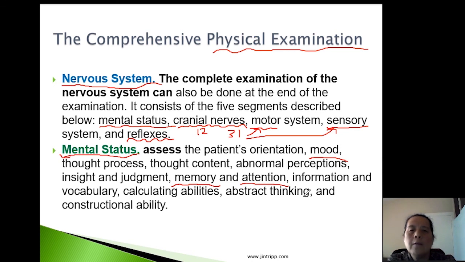And also we can test the patient's language functions or even calculating functions. So, some questions.